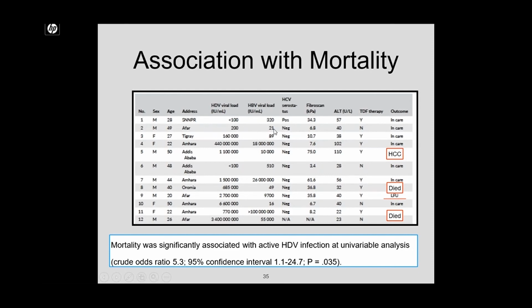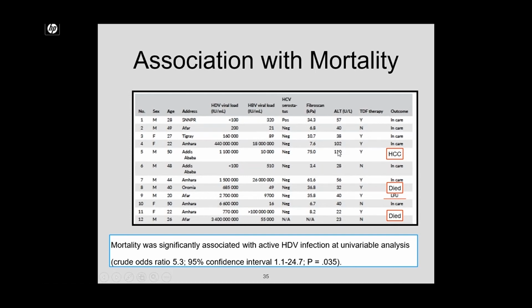The other thing you can see is the relationship between the viral load of hepatitis B and hepatitis D. For this patient who is in care, both were high, and FibroScan was 7.6, yet they had a higher liver enzyme.